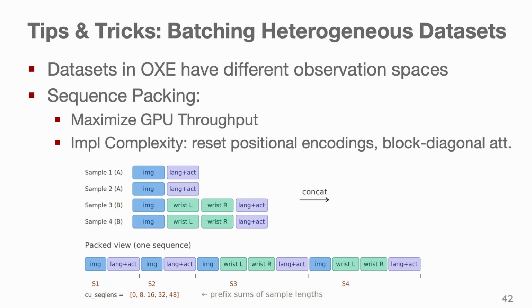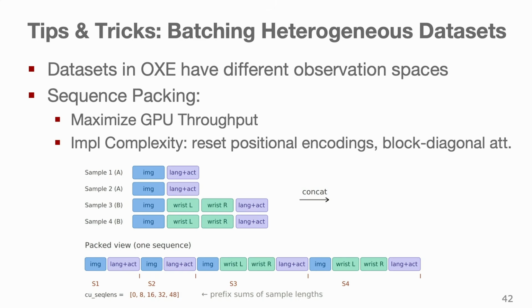And now every sample contributes exactly the tokens that it actually has. And in order to keep track of where each sample in this long vector starts and ends, you will have to maintain a cumulative sequence length variable.